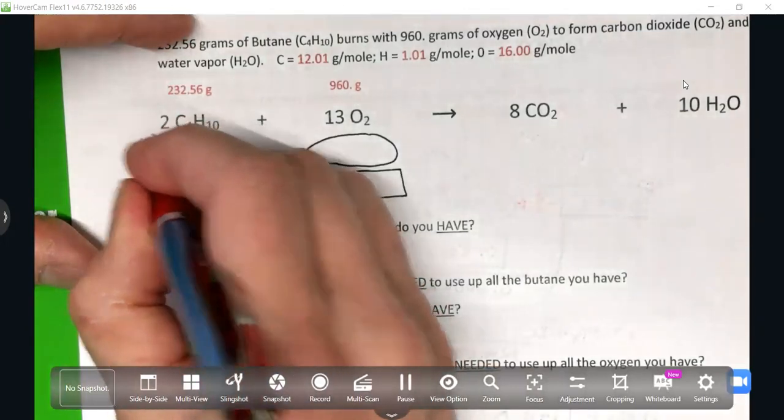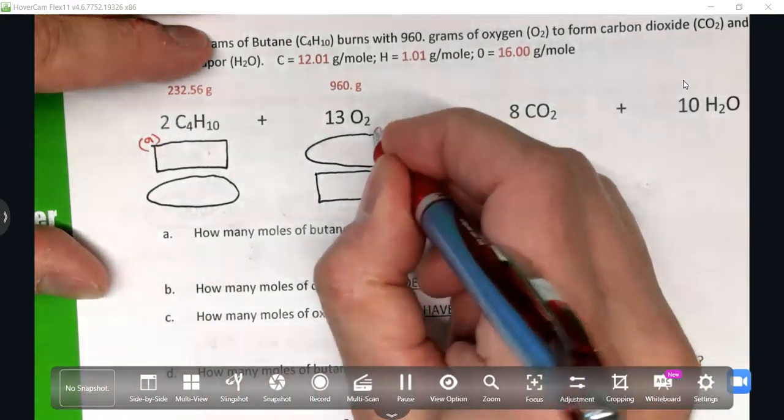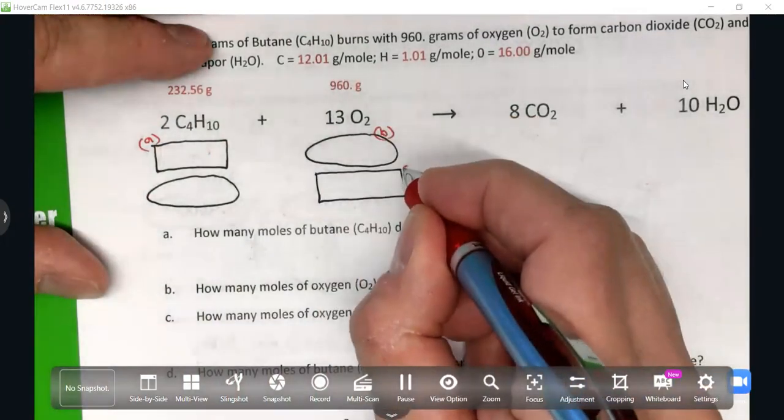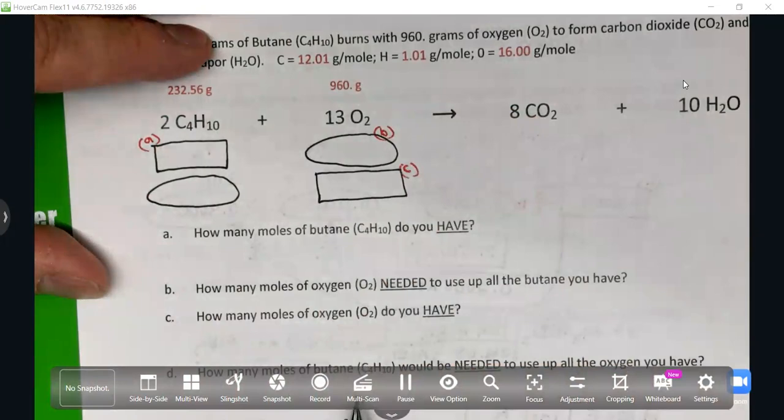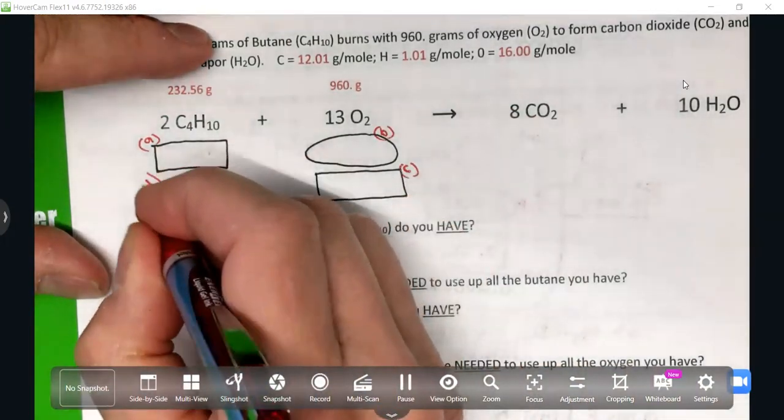So this is A, B, C, and it actually calculates this as D, going back this way.